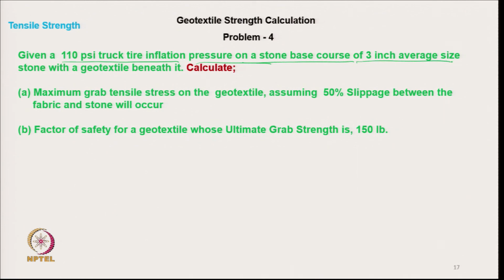So, stone diameter dA is 3 inch, with geotextile beneath it.